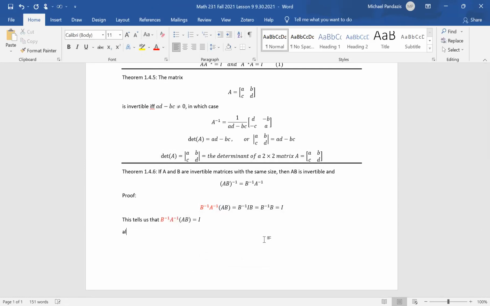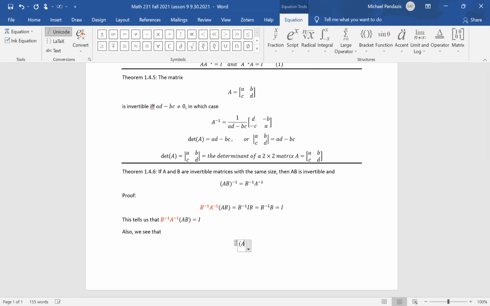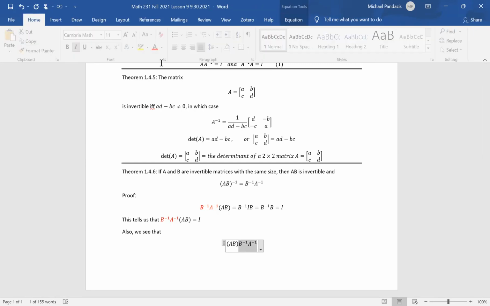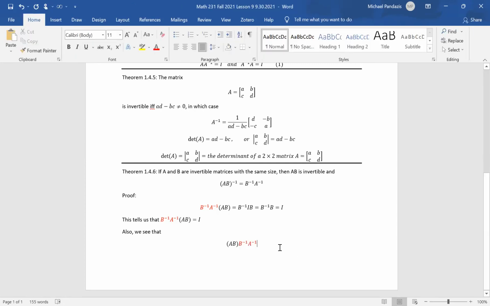Now, also, we see that if you start with AB and you multiply on the right by that same thing, B inverse A inverse, then you see how B times B inverse is I, so you get A I A inverse.